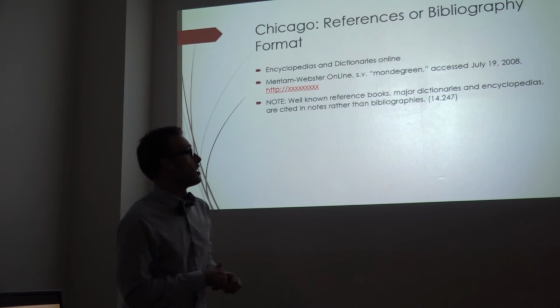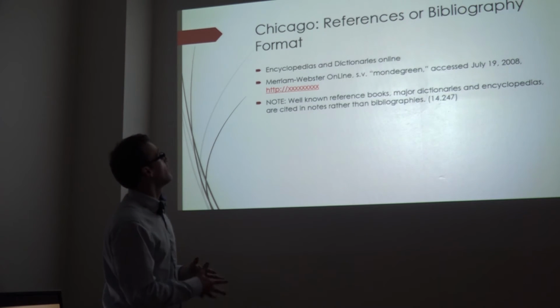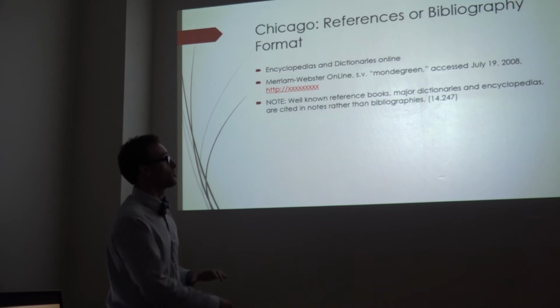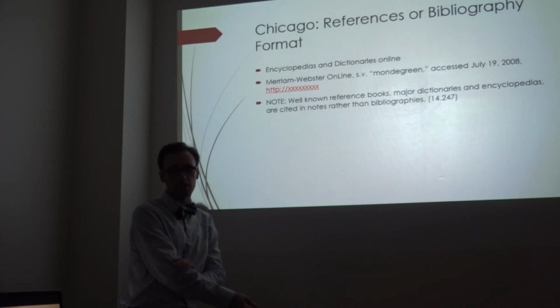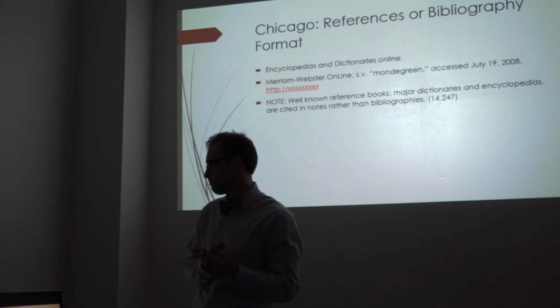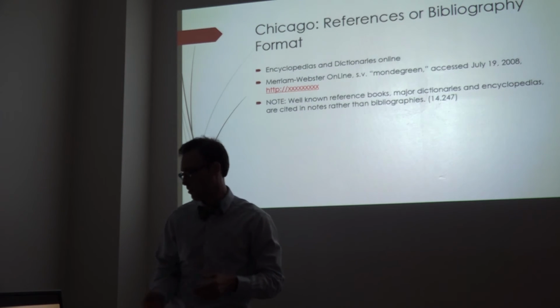Encyclopedias and dictionaries online, format similar to this, so Merriam-Webster online. Well-known reference books, major dictionaries, encyclopedias, are the exception. It's not necessary to include them in the bibliography because they are well-known.